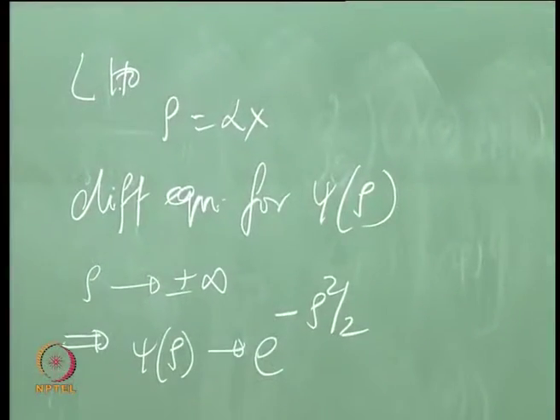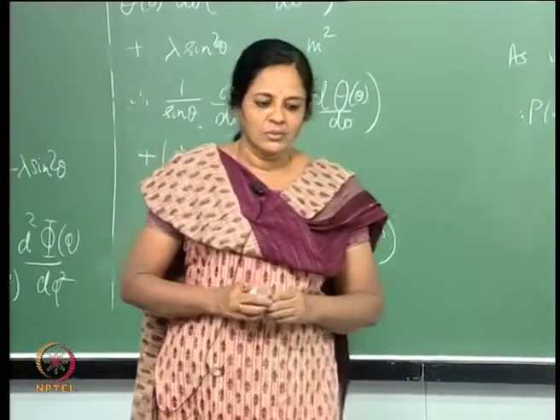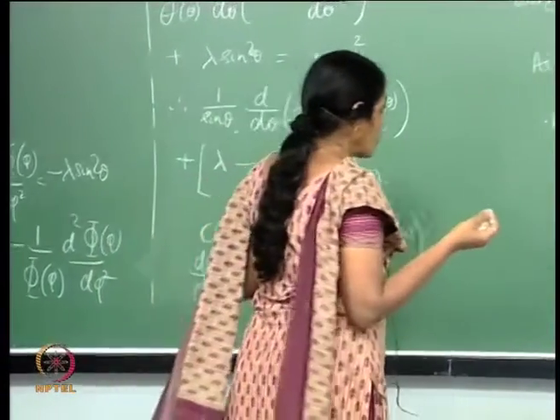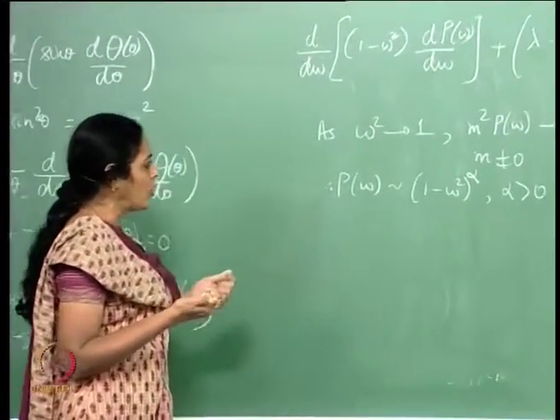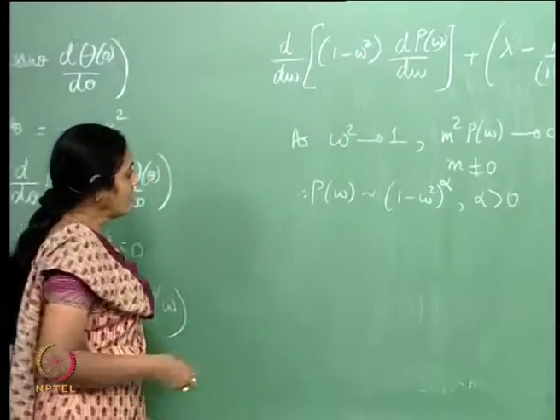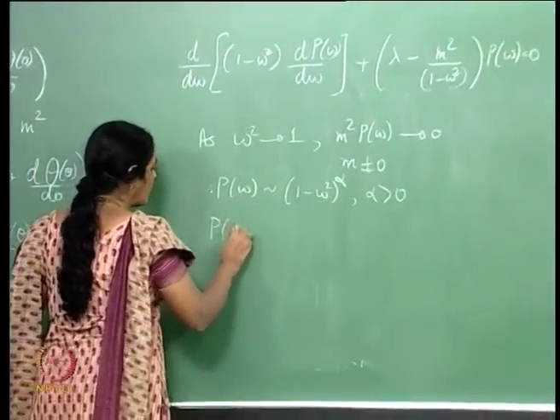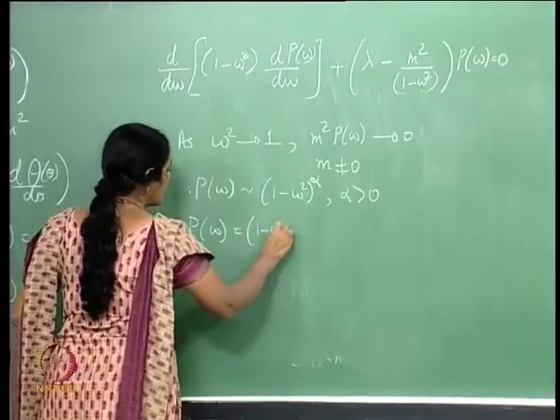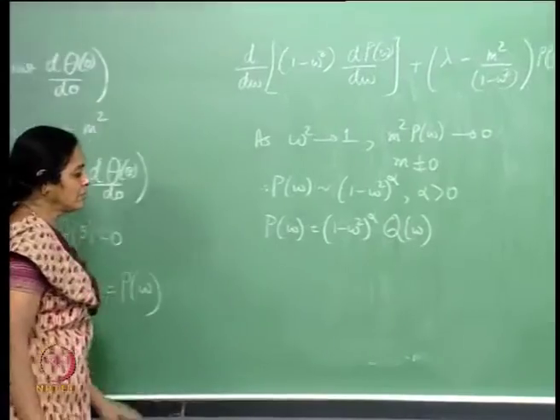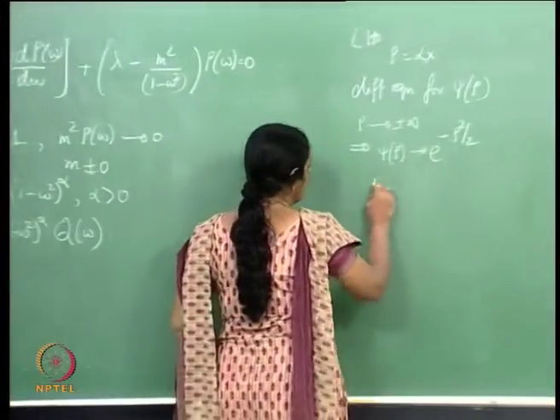So, that is the first step in all these problems where you solve a differential equation, an eigenvalue problem, which involves one argument, in this case W. Therefore, I would like to write P of W as 1 minus W squared to the alpha times some Q of W. This is analogous to what we did there.